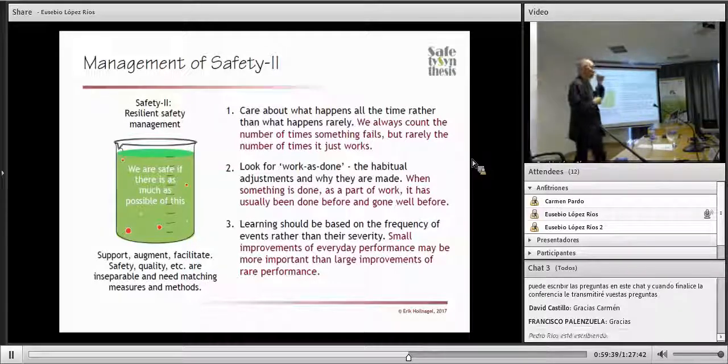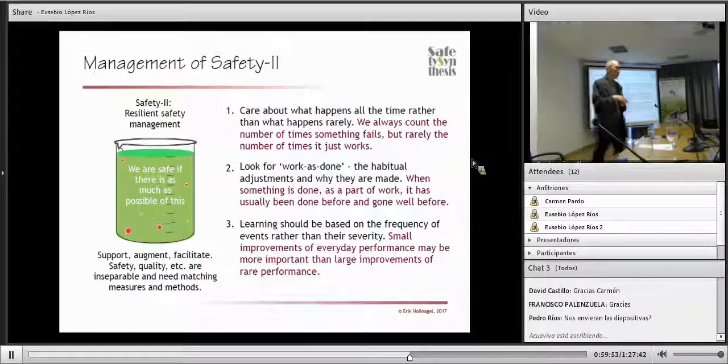We should look for work as done. We should look at what actually is done and not at how we think things are being done. We should look at the actual work situation. And when you try to learn, then traditionally we say we learn from accidents, and the more serious an accident is, the more we think we can learn. No, wrong.